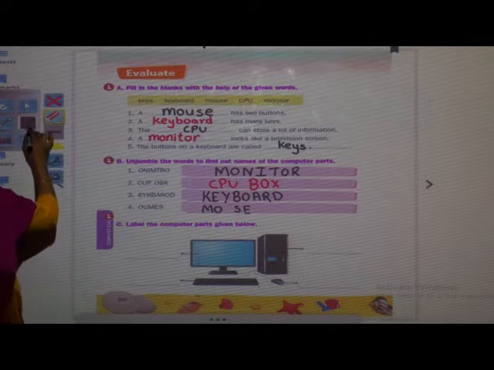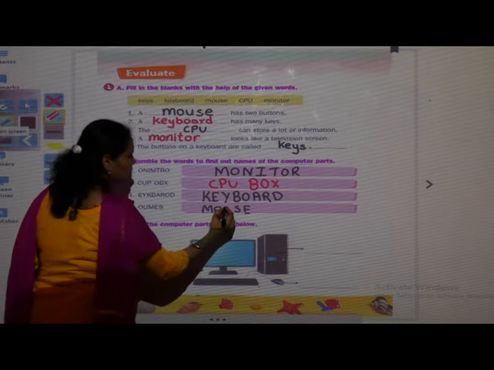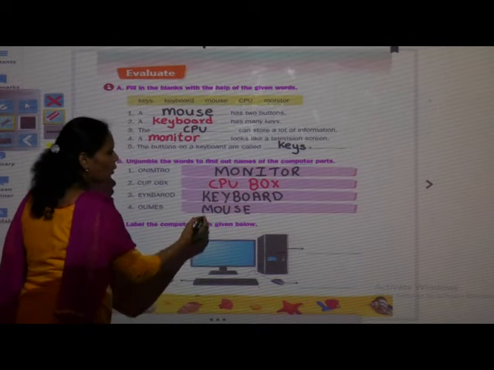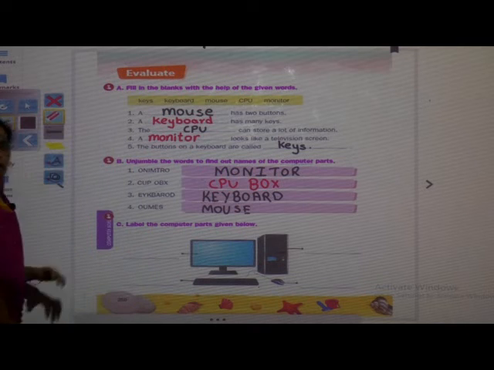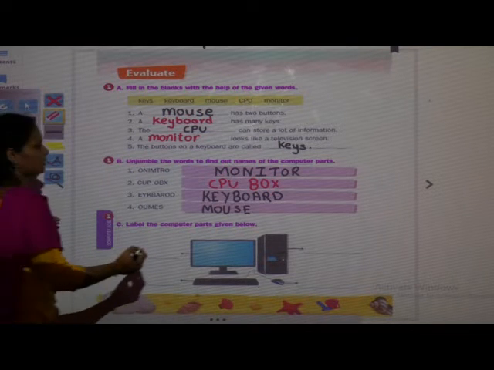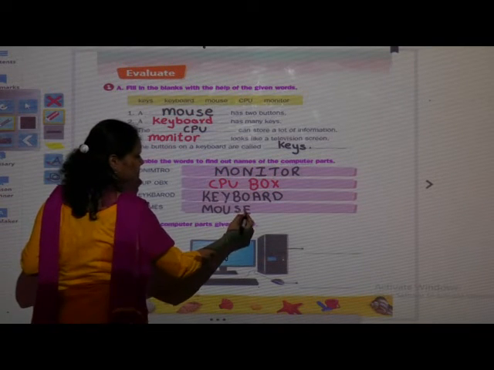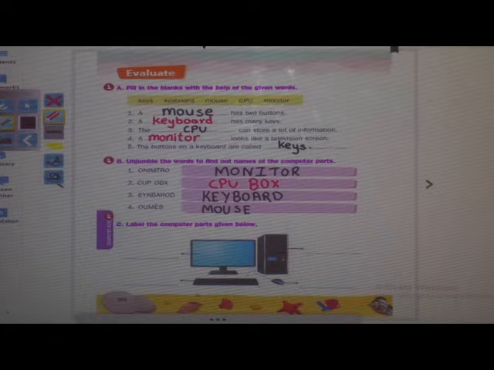Capital M, all letters should be capital. M-O-U-S-E, mouse. Done, everybody? First one is monitor, second is CPU box, third is keyboard, and fourth is mouse.